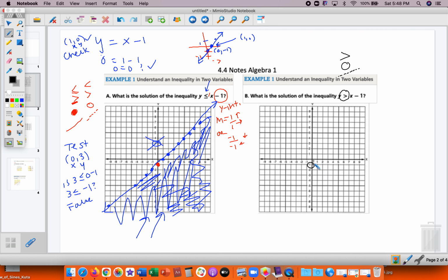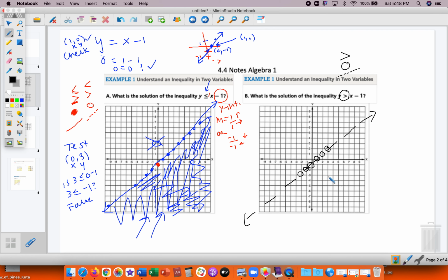So that's the spot, up 1 over 1, open circle, up 1 over 1, open circle, down 1, left 1. And then I'm going to do a clear dashed line, meaning ordered pairs on this bound are not included.